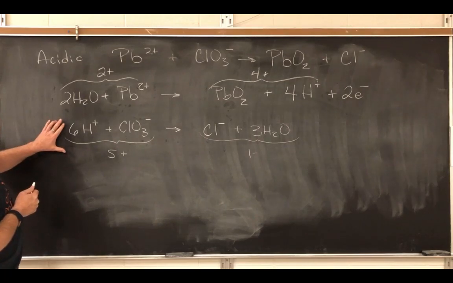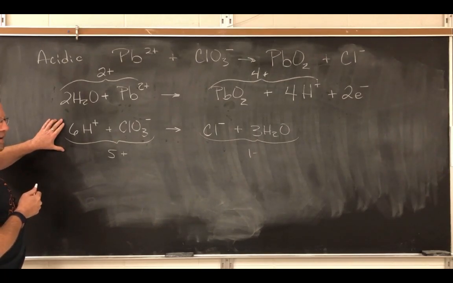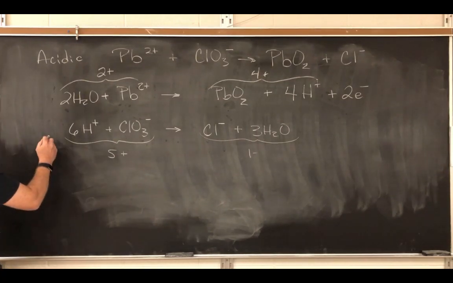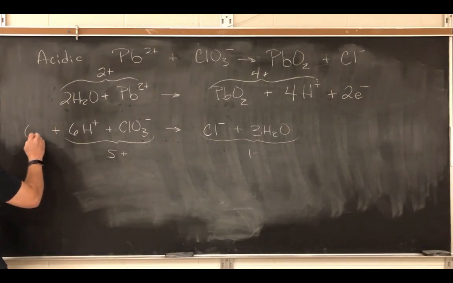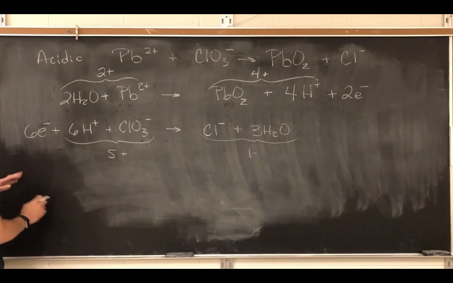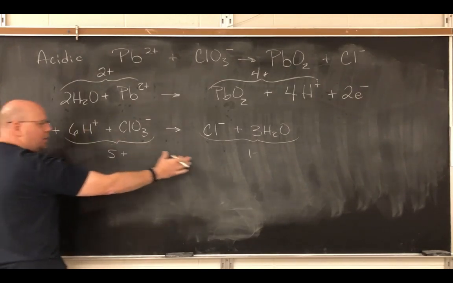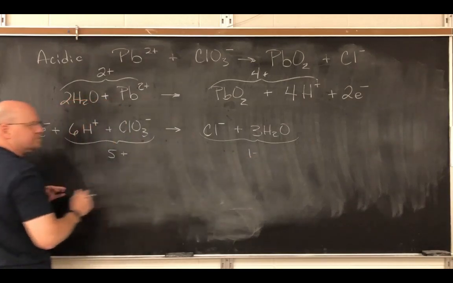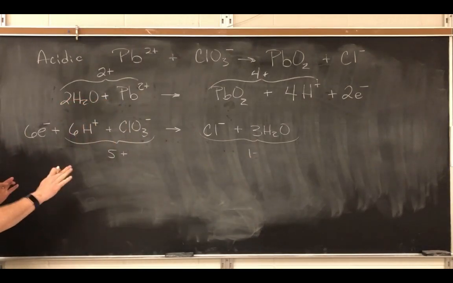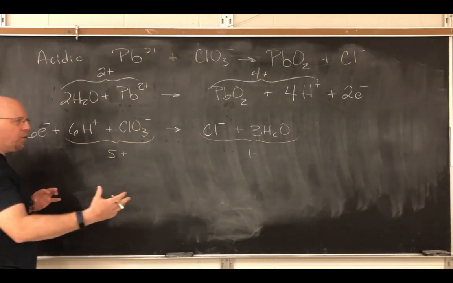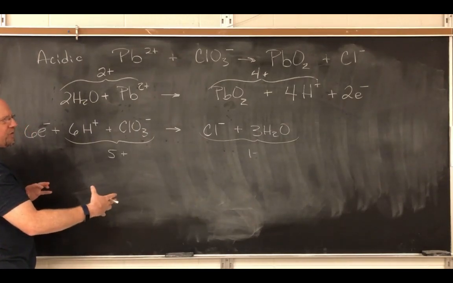On this side, we are going to have to add 6 electrons to bring this charge of 5+ down to 1 negative. And again, this goes to the heart of what our redox reactions are.